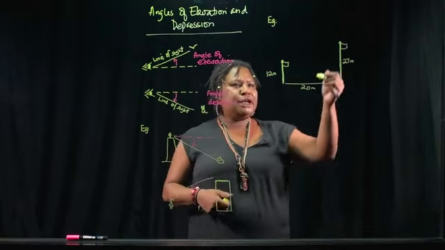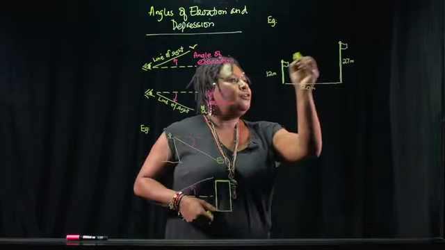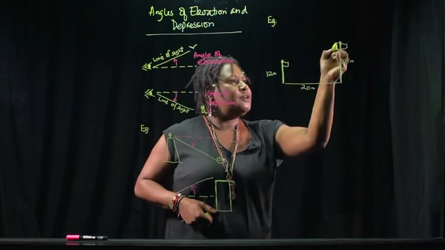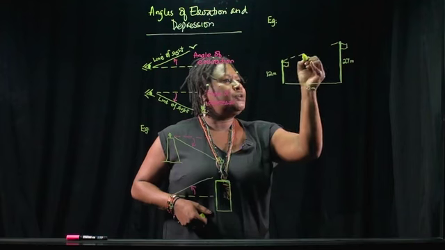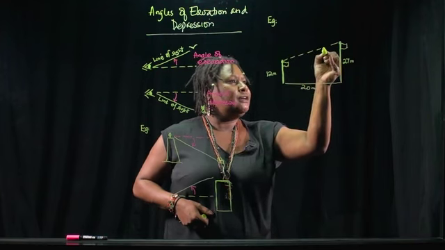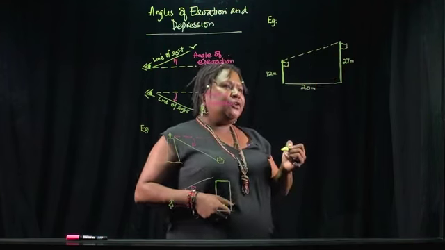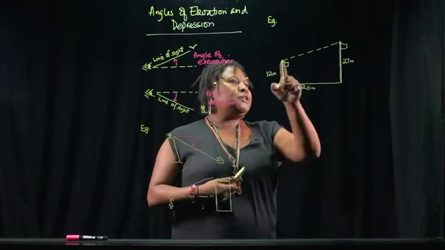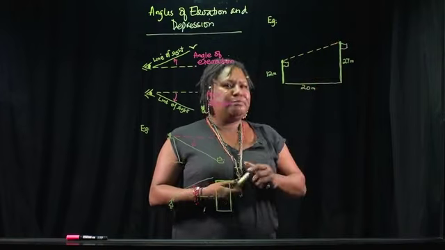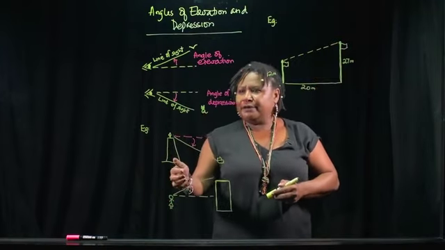Now from the taller one, let's draw in the triangle that's going to help us find that angle. Once you have drawn this, remember, go back to our diagram.